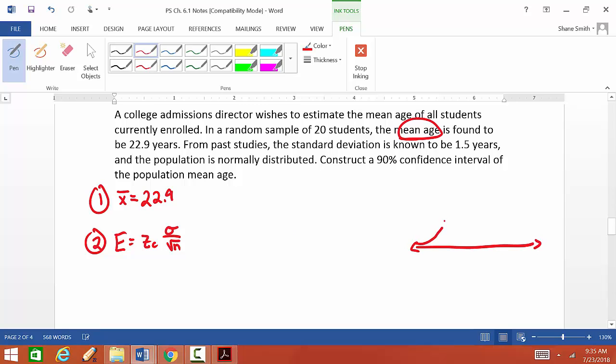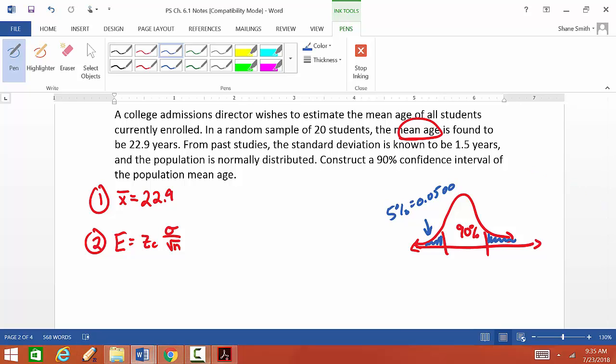So we're going to draw an approximately normal curve. We have 90% in the middle, so if there's 90% in the middle, how much is on either side? It's 5%, right? Which is 0.0500. Now this is different than 0.5%, right?